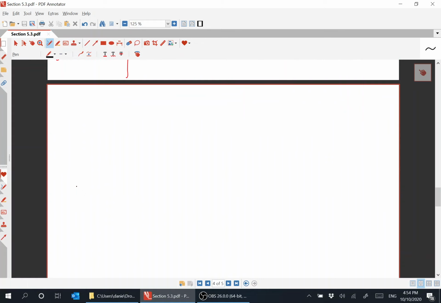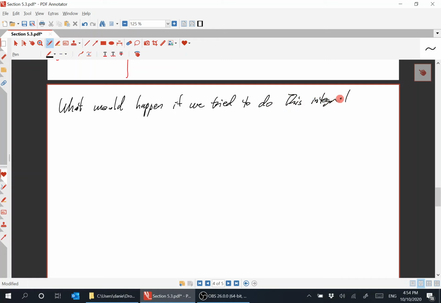Let's try another one. What happens if we didn't convert to polar coordinates? What would happen if we tried to do this integral in rectangular coordinates?